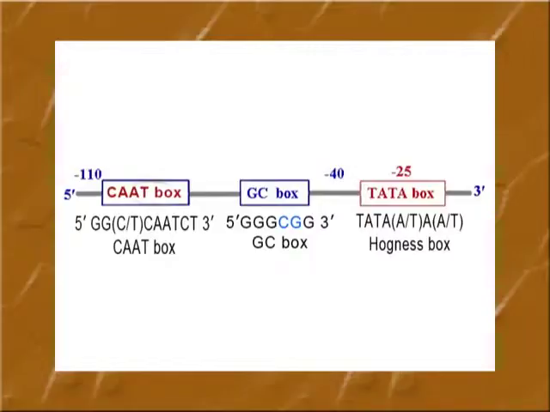The sequence lies between -70 and -80 base pair. Another sequence of GGGCGG, which is also called the GC box, is found in one or more copies at -60 or -100 base pair upstream, in any orientation, in several genes.